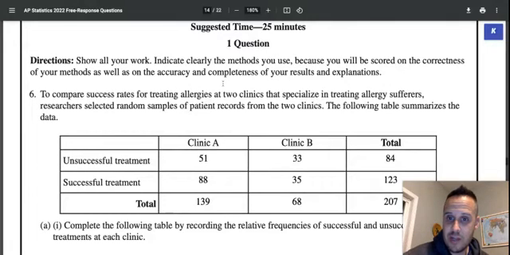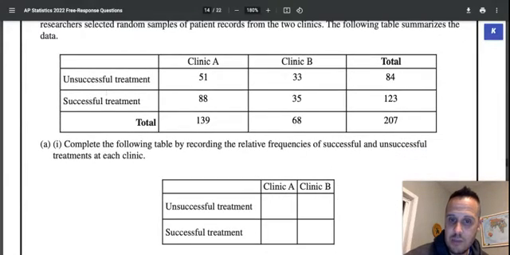To compare success rates for treating allergies at 2 clinics that specialize in treating allergy sufferers, researchers selected random samples of patients' records from the 2 clinics. The following table summarizes the data. Unsuccessful treatment at Clinic A, Clinic B, successful Clinic A, Clinic B. Okay?